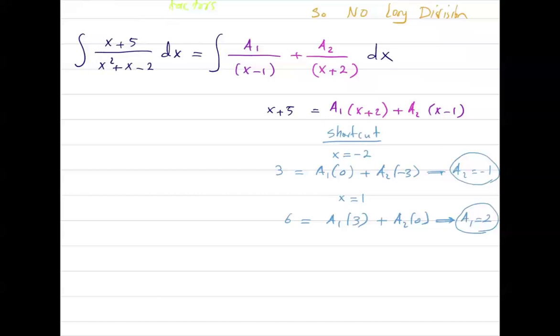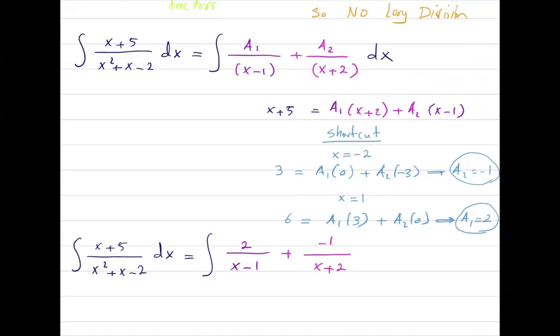So this integral of x plus 5 divided by x squared plus x minus 2 dx can be written as the integral of a1, which is 2, divided by x minus 1, plus a2, which is -1, divided by x plus 2 dx. But remember that from calculus, we learned the integral of du divided by u is equal to ln of absolute value of u plus c.